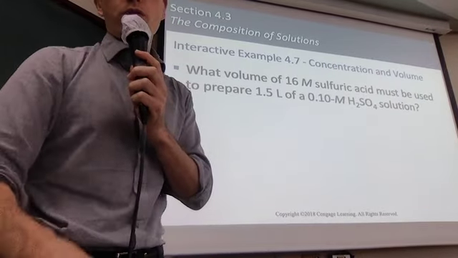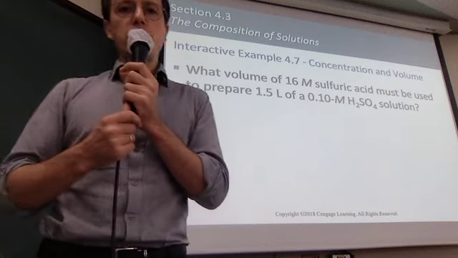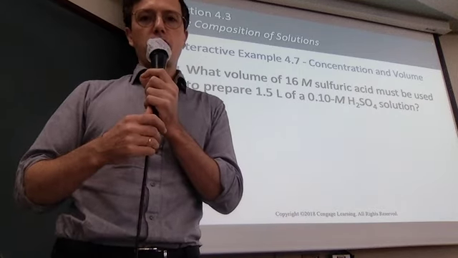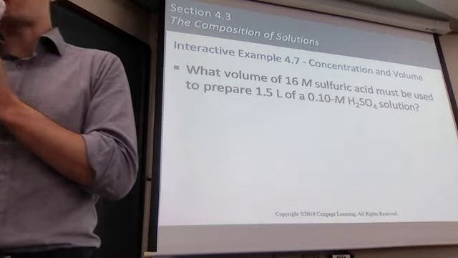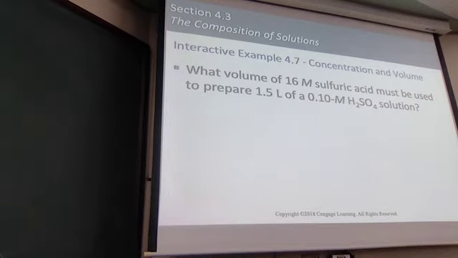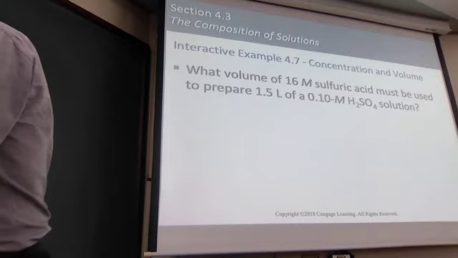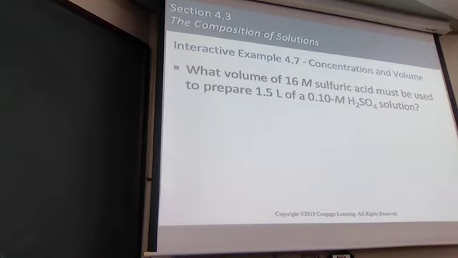So in order to do this, let's do an example. What is the volume of a 16 molar sulfuric acid solution that we have to use to prepare 1.5 liter of a 0.1 molar sulfuric acid solution? So in this case, we know the final volume. We know the dilute volume that we want.